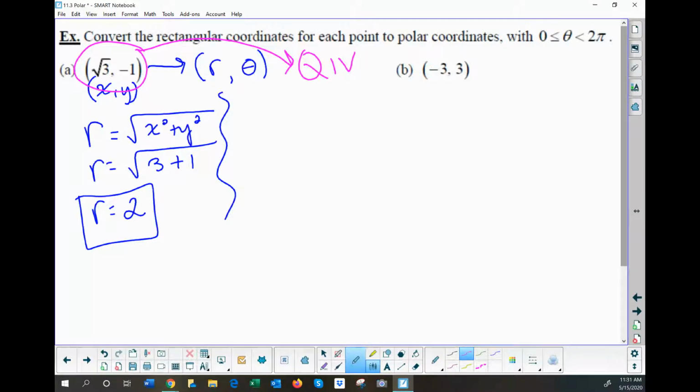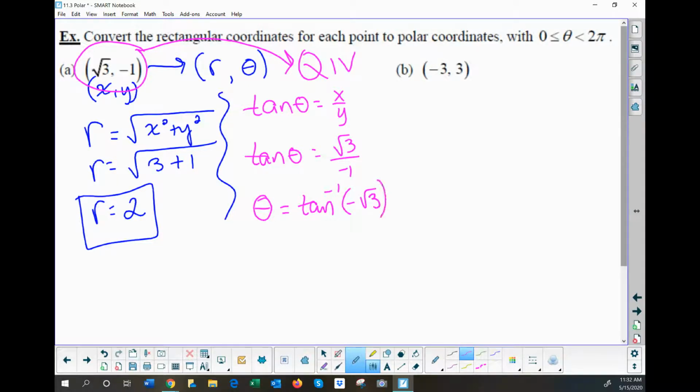Let's see. We want to get to theta. I have x and y, don't I? So let's use tan theta, which we know is x over y. Oh, okay. So now we can substitute in. Tan theta equals x is square root 3, y is negative 1. I really just want theta, so I'm going to do the tan inverse of negative root 3.